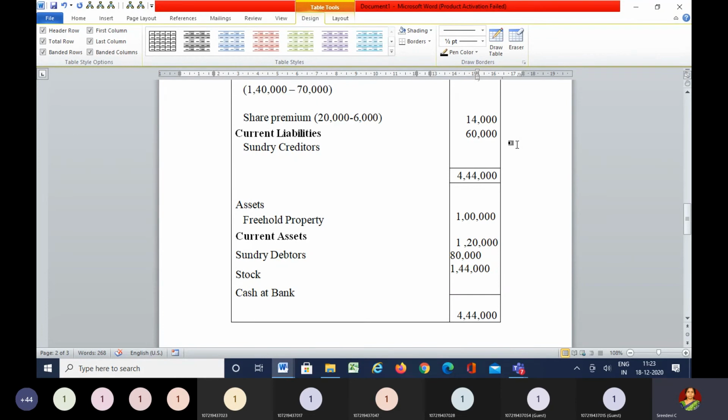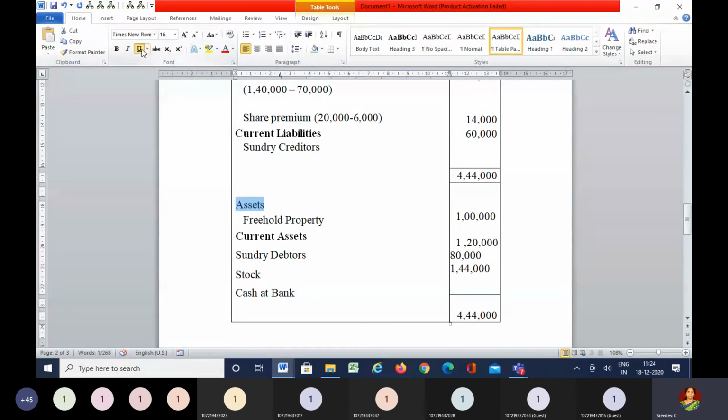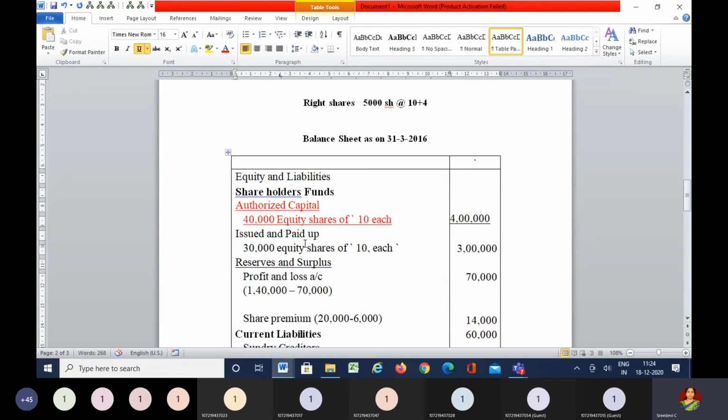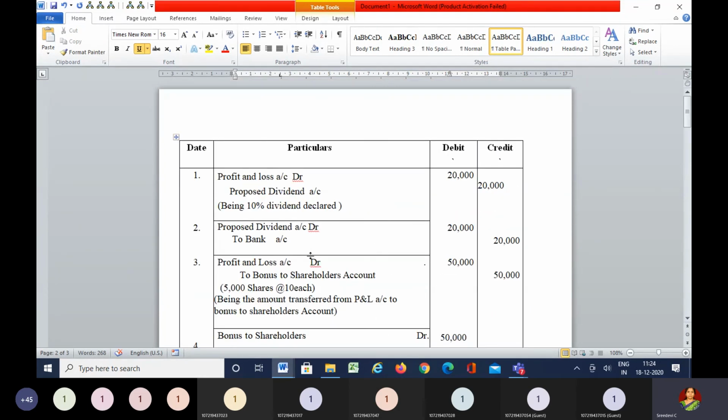This chapter is not there for your objective type in your first internals. You're going to have only the valuation of goodwill and valuation of shares. As I said, I will share some objective type questions. We even have quizzes, so you can learn those quizzes. If you have the link, open it and see the questions in the classroom.